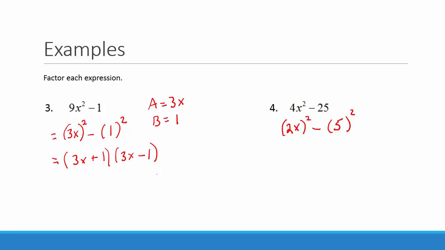So for our difference of squares formula, our a in this example is equal to 2x, and our b is equal to 5. So we can rewrite this in factored form as 2x plus 5 times the quantity 2x minus 5.